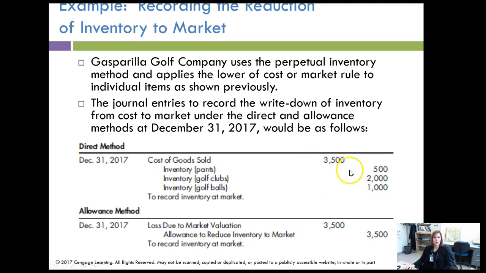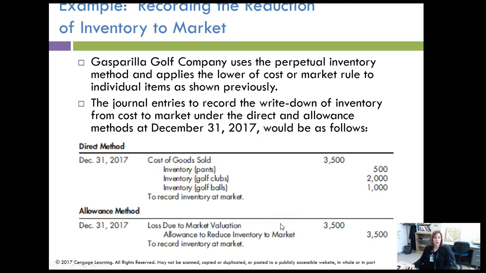And so here we see a $3,500 debit to cost of goods sold, and then we see credits to lower the inventory valuation. Now, remember, this cost of goods sold will eventually appear over on our income statement as well, and will reduce our earnings by the $3,500. So it will have an impact on both our balance sheet and our income statement.